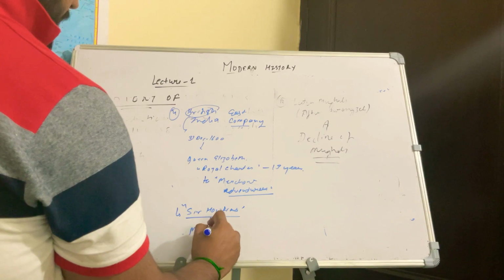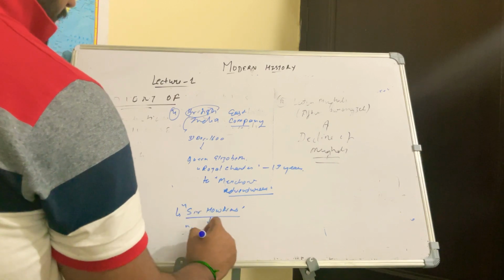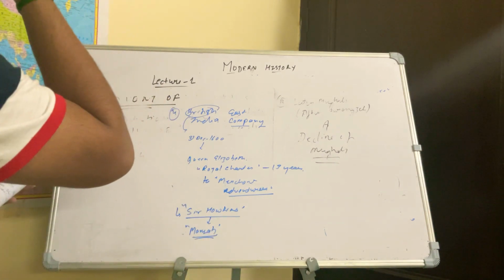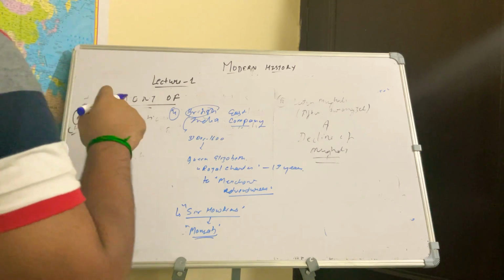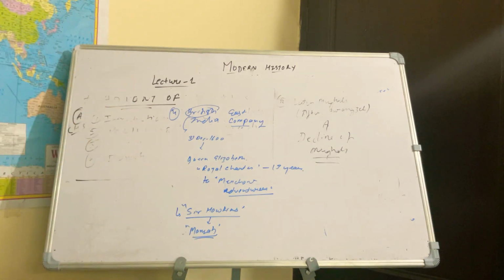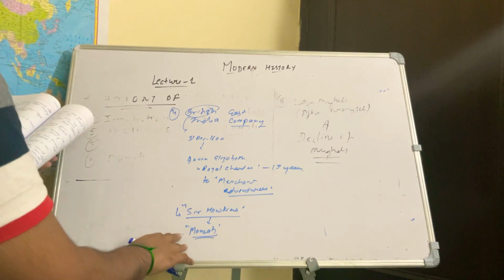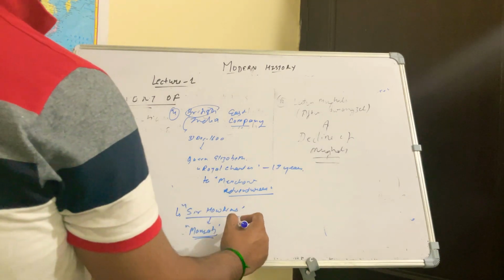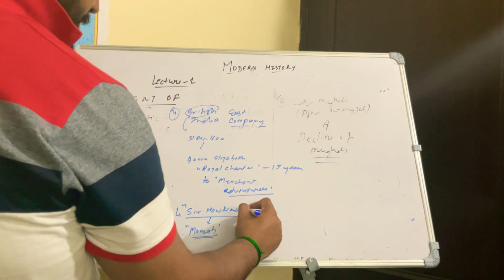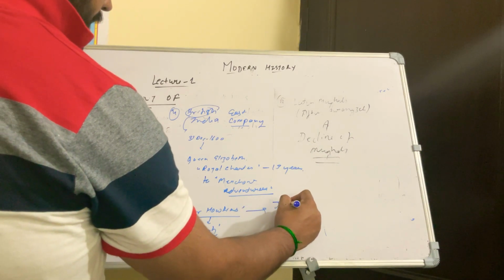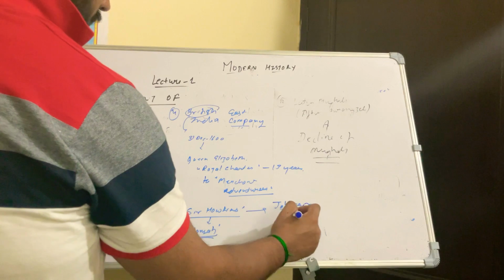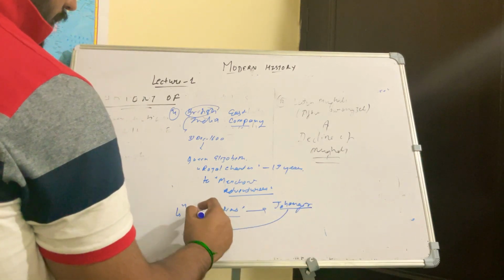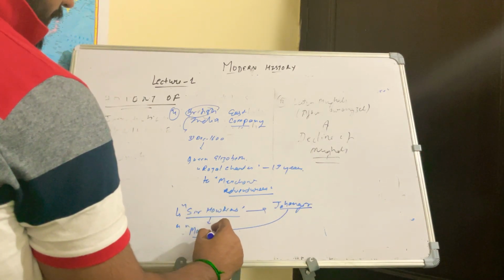Now what's the difference between Mansab and the different formal positions we're going to discuss in our ancient and medieval classes. So at this moment you just understand that the British arrival happened at the time of Jahangir, and Jahangir gave Sir Hawkins the title of Mansab.